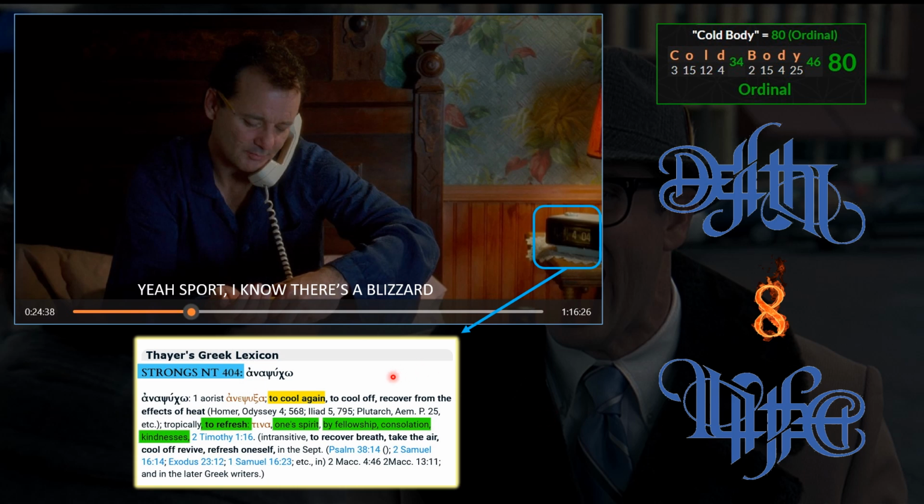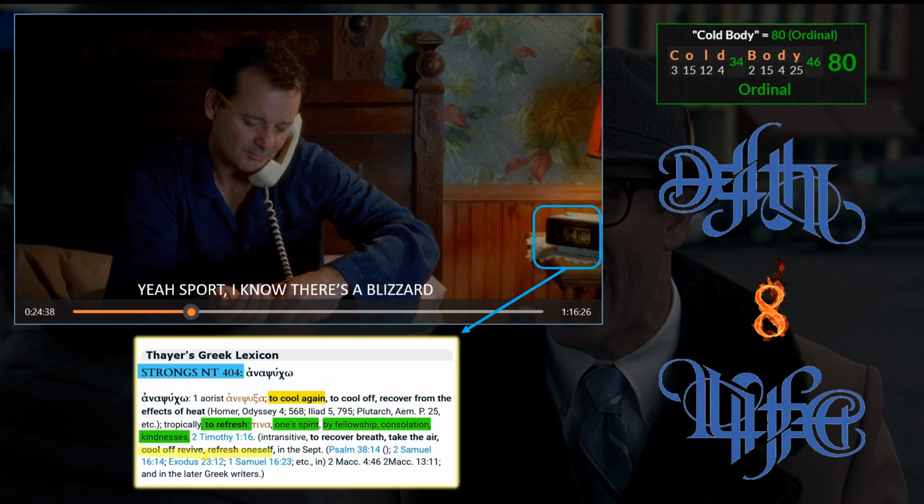4:04 in the Bible means to cool again, to refresh one's spirit by fellowship, consolation, and kindness, to cool off, to revive oneself, to refresh oneself. Right there.